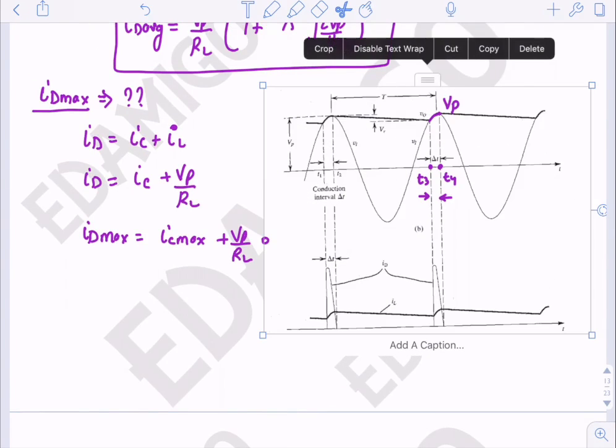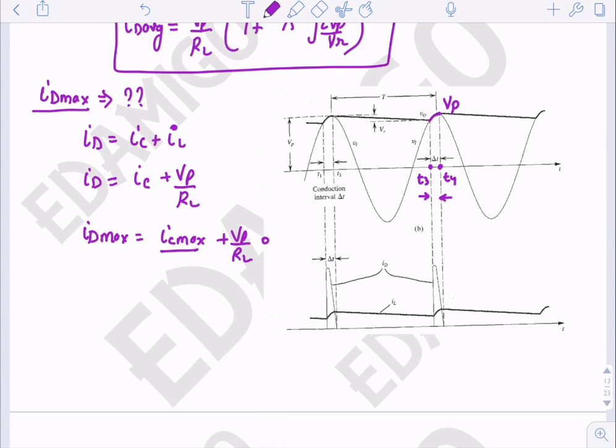Now as we know that the IC current is equal to C times dVo over dt, plus Vp upon RL. Okay, so we have to find out the maximum value of this current in the time duration delta t, that is from T3 to T4.